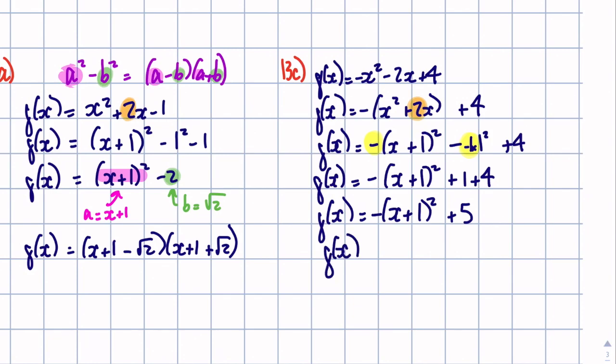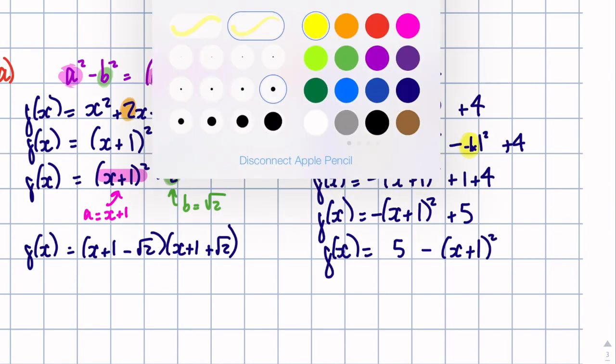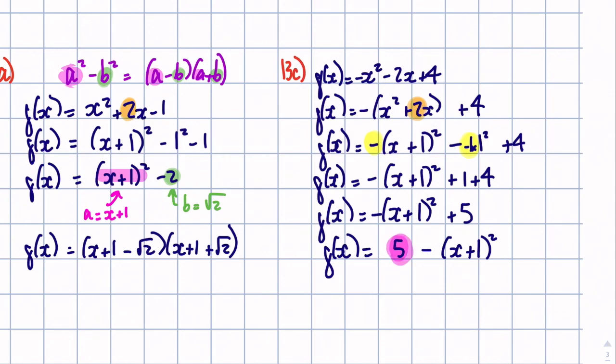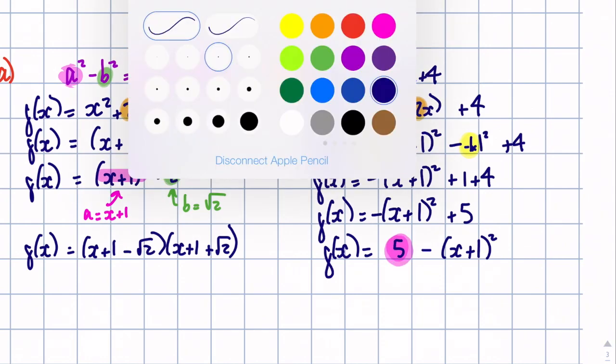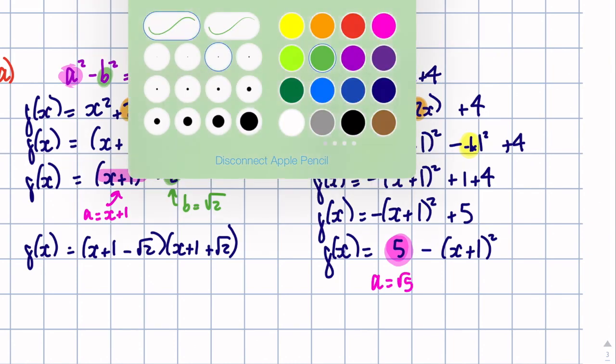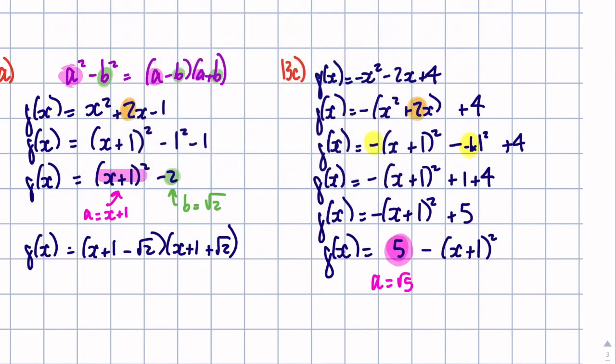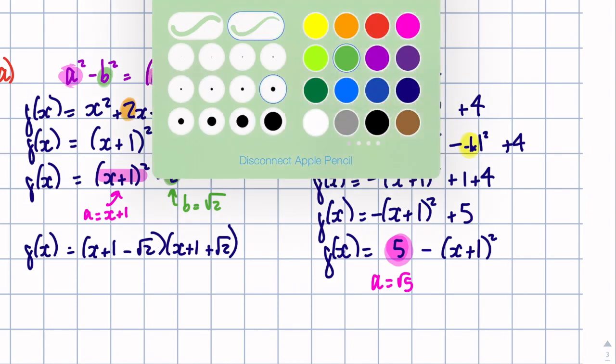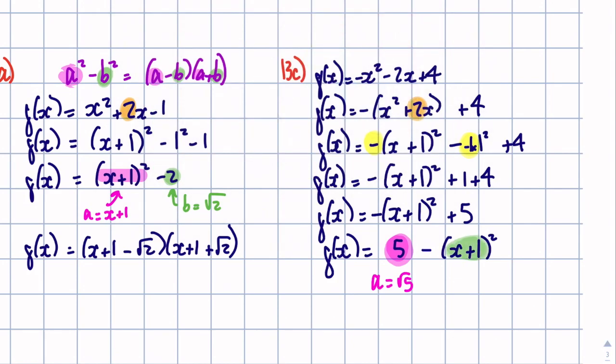I'm going to rewrite this. F of x equals 5 take x plus 1 squared. Here, my a is going to be root 5. And my b is going to be x plus 1.